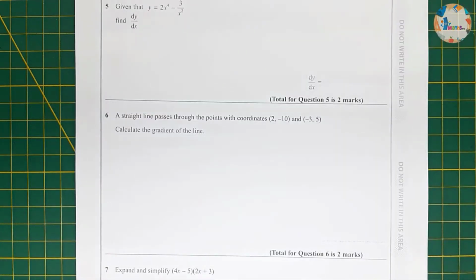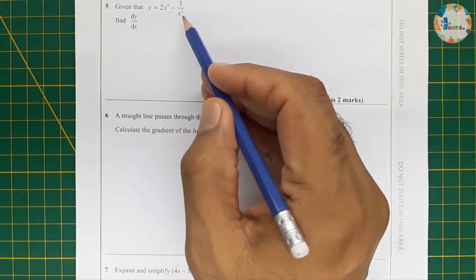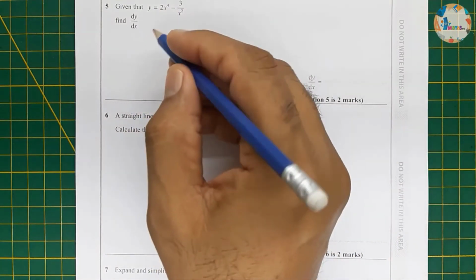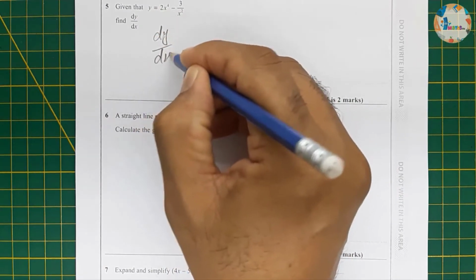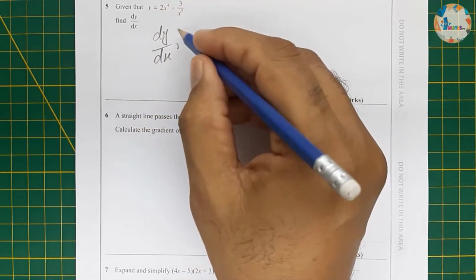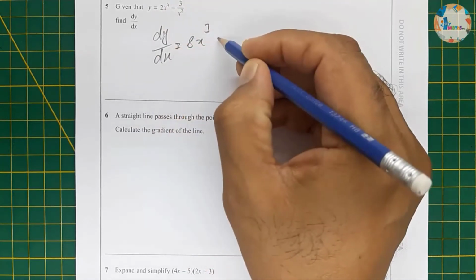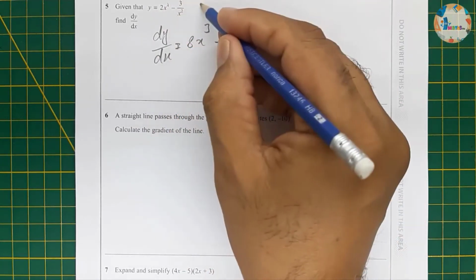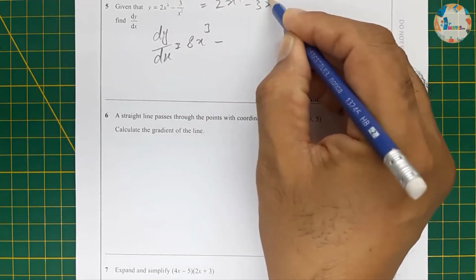Question number 5. Given that y is equal to 2x^4 minus 3 over x squared, find dy by dx. So we have to find the derivative. dy by dx will be equal to, derivative of the first term: 4 into 2 will be 8x cubed. And minus, as a first step we can write 3x raised to minus 2.